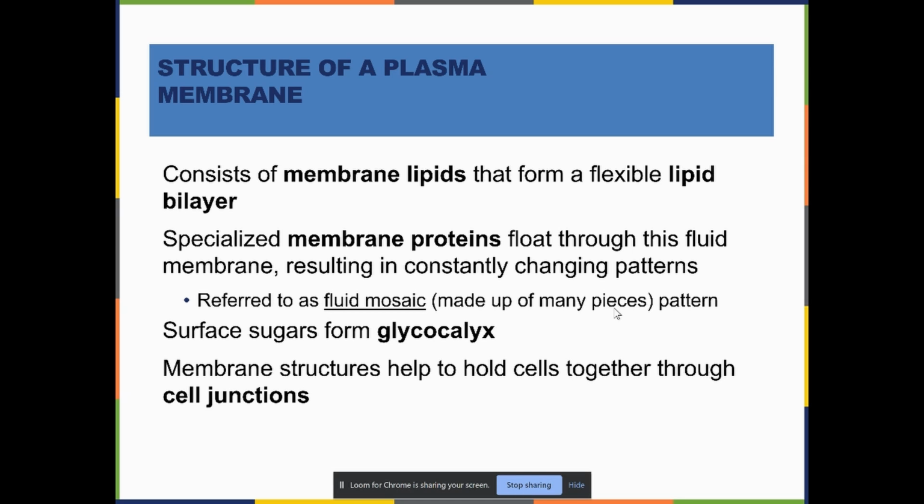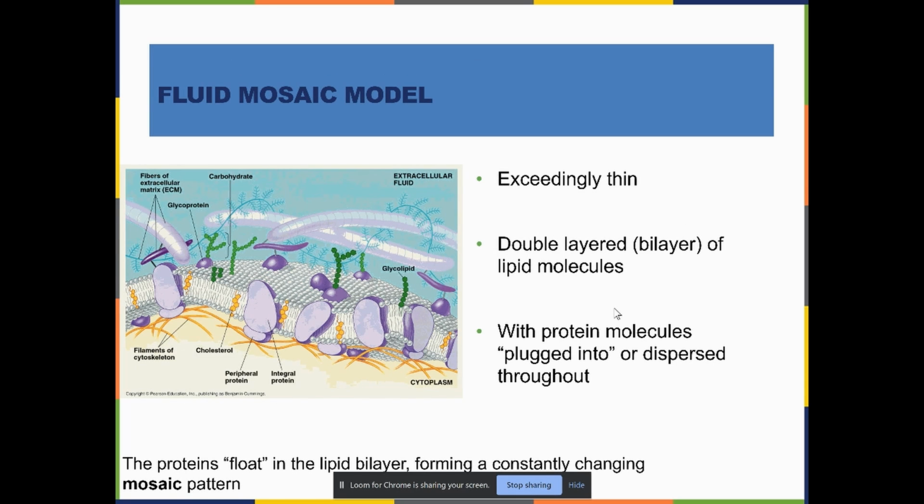There's also going to be membrane structures that go within or traverse the plasma membrane that help the cell hold on to other cells. These might be extracellular matrix fibers. It might be parts of cell junctions, like desmosomes and their cadherin proteins. But overall, we do know that the fluid mosaic model is constantly changing. It's very dynamic.